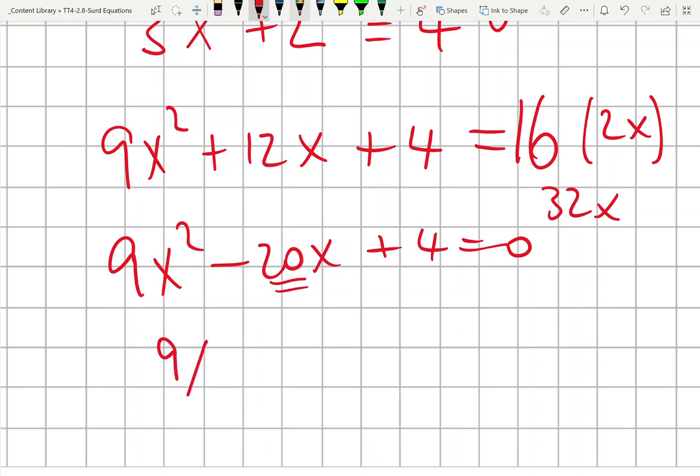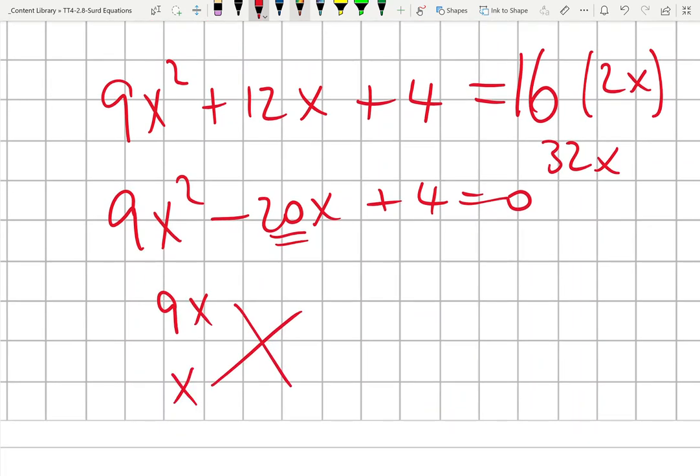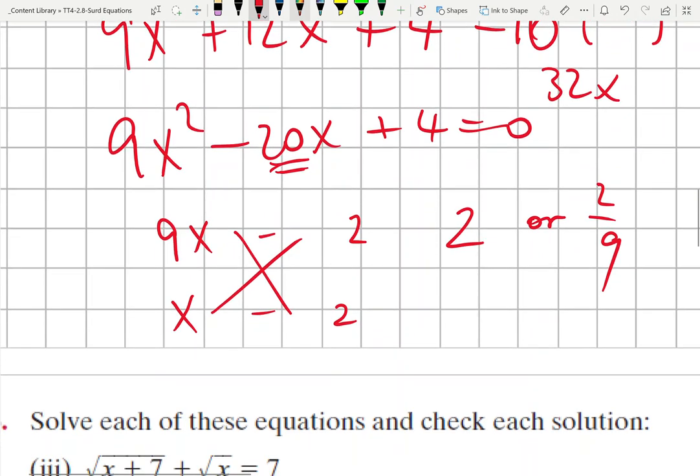So 9x stays intact with x here. This is divisible by 2, so the 2 has to split. Both negative. Get 2 or 2/9. Okay, I'm going to leave it to you to check then.